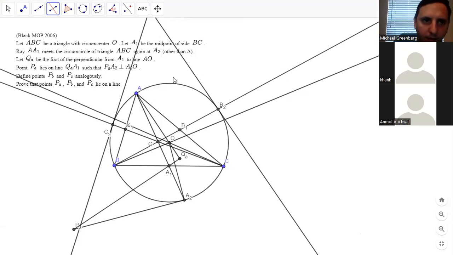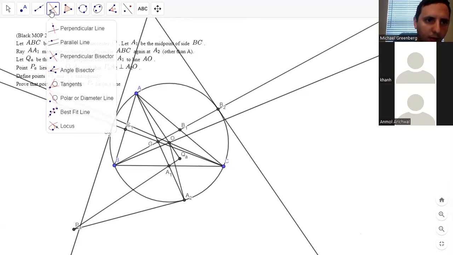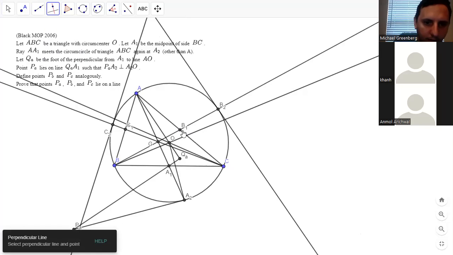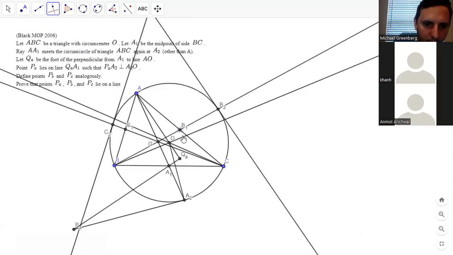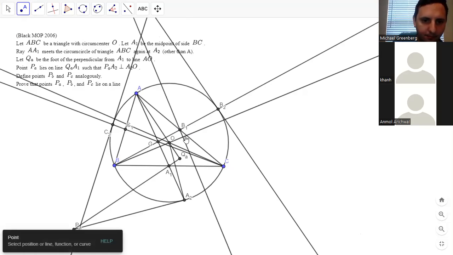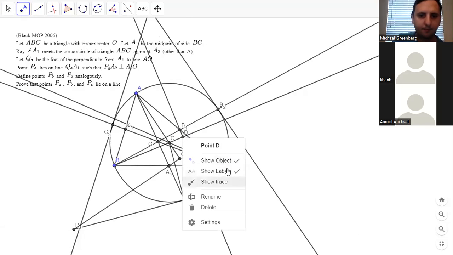I don't know what's happening here. Oh, because that was a perpendicular bisector. Perpendicular from B1 to BO, it's QB.